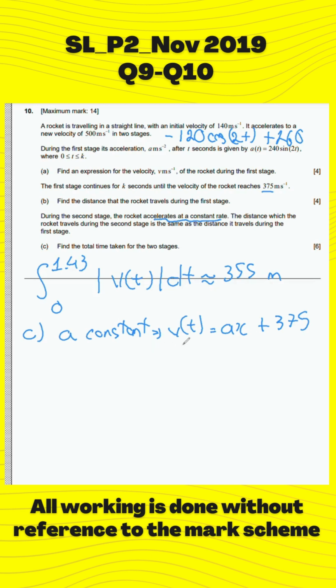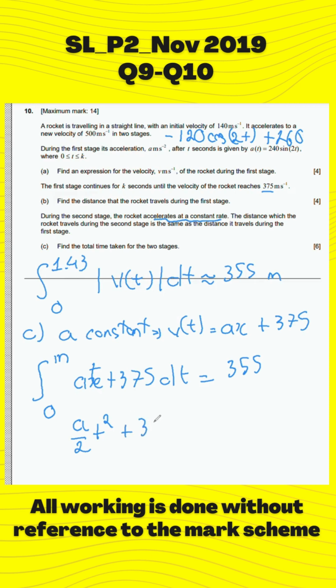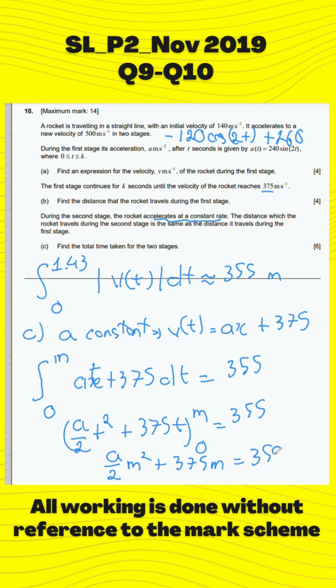So the total distance traveled will be the integral from 0 to m of the velocity, so at plus 375 dt. Sorry, this is t, because we're solving in terms of t. We'll call it 355. So it will be a over 2 t squared plus 375t from 0 to m, equal to 355. So from that, a over 2 m squared plus 375m will equal 355.